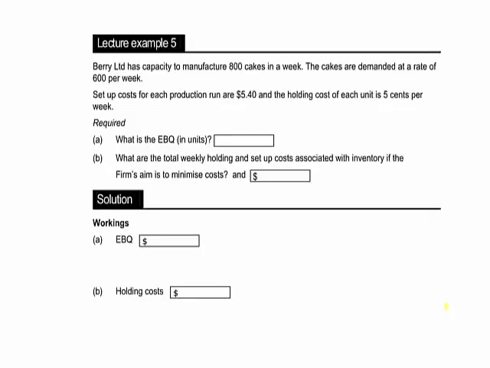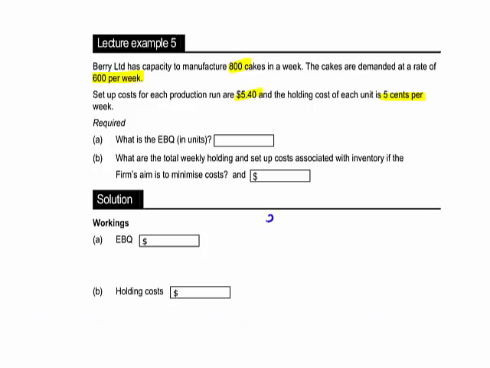Berry has capacity to make 800 cakes a week, but the demand from customers is only 600 per week. Setup costs for each production run are $5.40, and the cost of holding a unit is 5 cents per week. So what we need to do is work out the EBQ using the formula that's given in the exam.